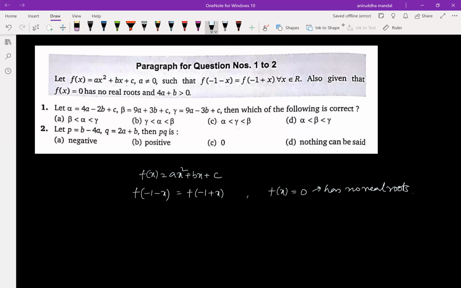And the last information given is that 4a plus b is greater than 0.